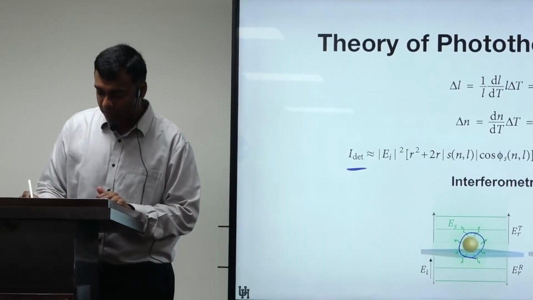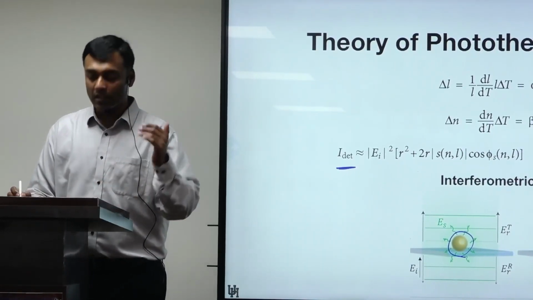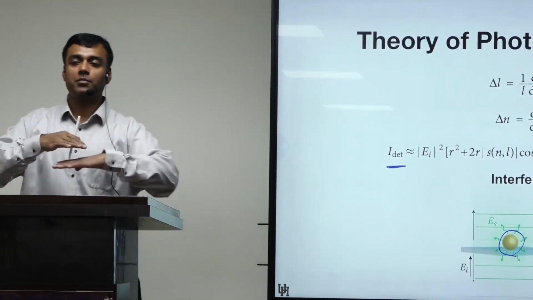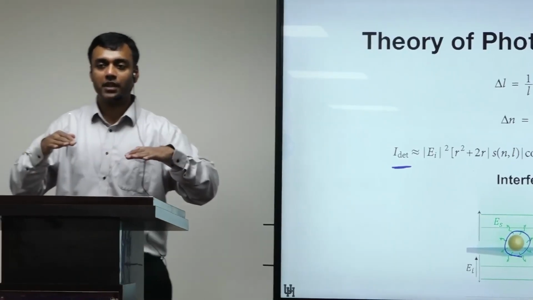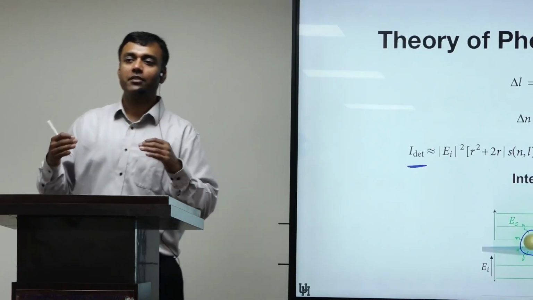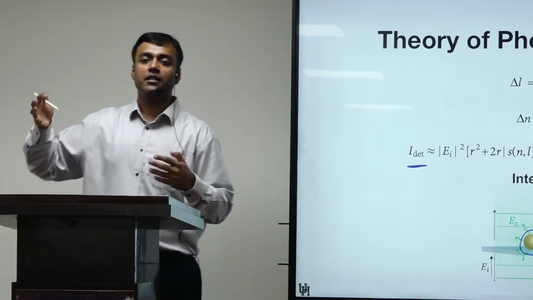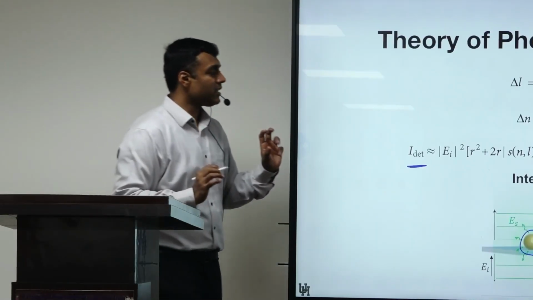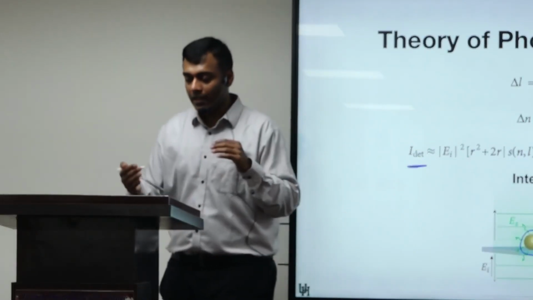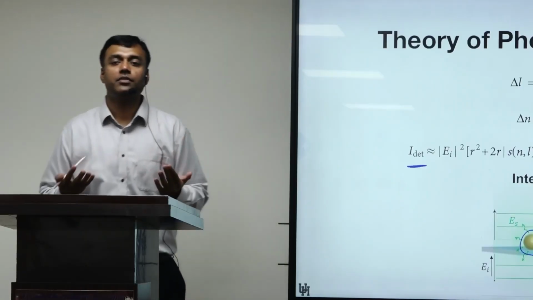For interferometry you need the sample arm and the reference arm, right? In this case, the reference arm is basically the glass substrate or the calcium fluoride substrate. One wave comes from the sample, another wave comes from the substrate. They interfere with each other, and at the detector you measure the change in the signal intensity because of the interference between the scattered wave and the reference wave.